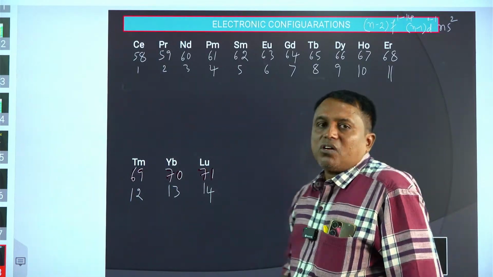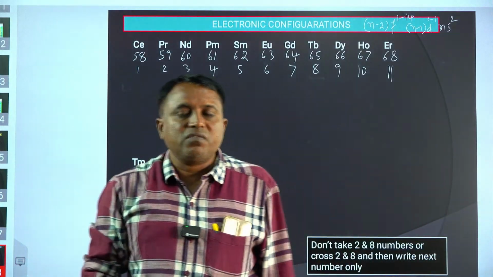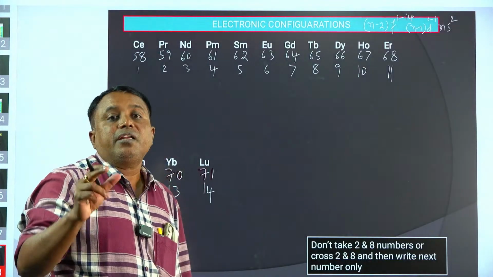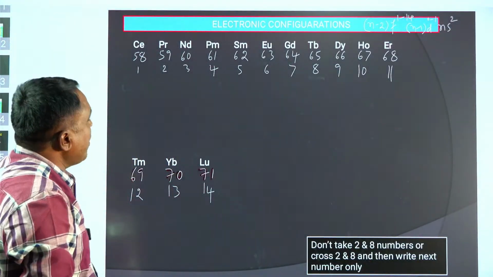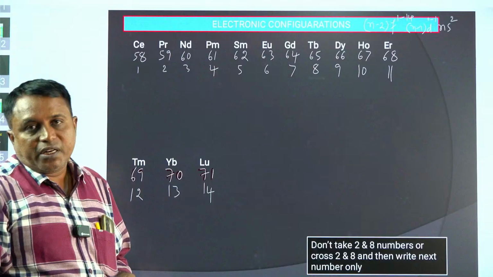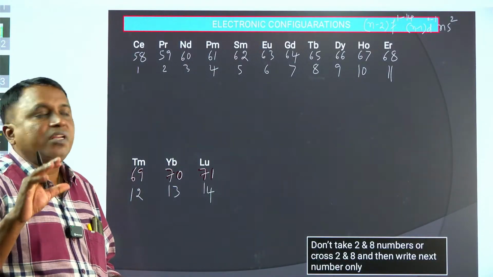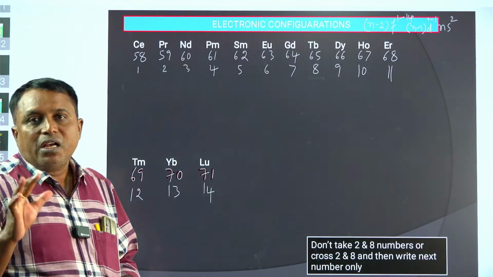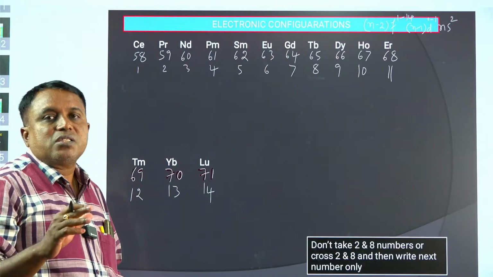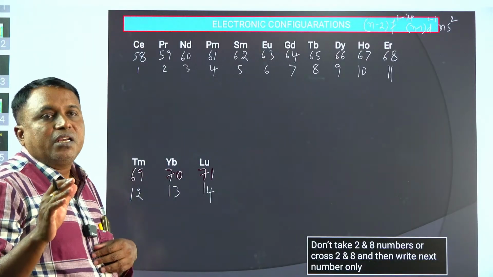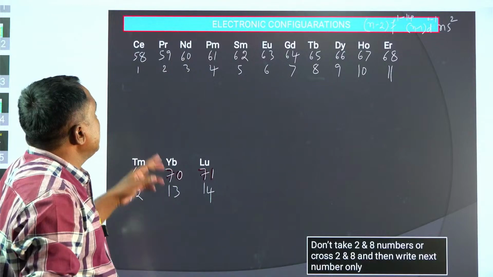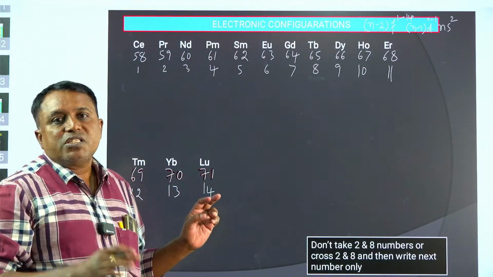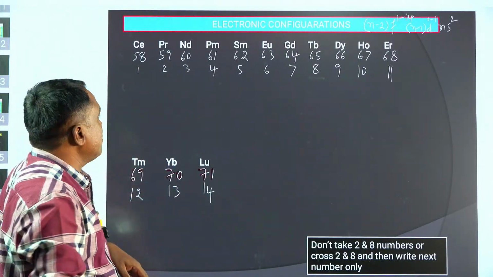Actually, the electron configurations of lanthanides as well as actinides are in an irregular manner. Why? Because of a small energy gap between the inner shells, or between the orbitals, their electron configurations are not regular.